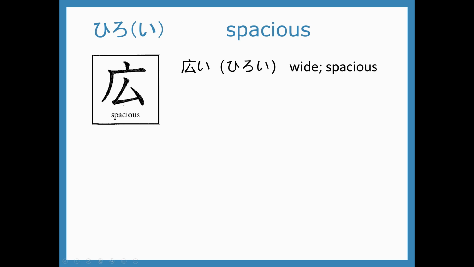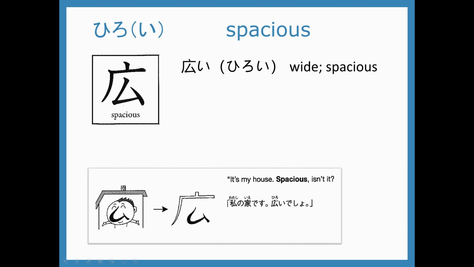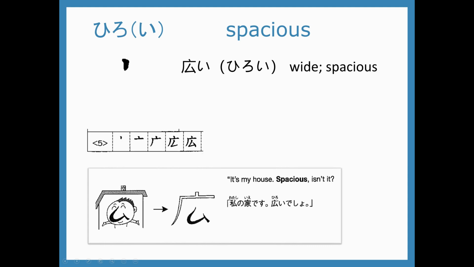So we will start off with this kind of roof area, and then we write the katakana mu underneath.